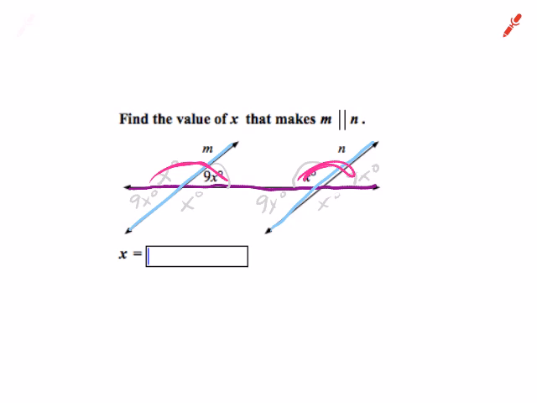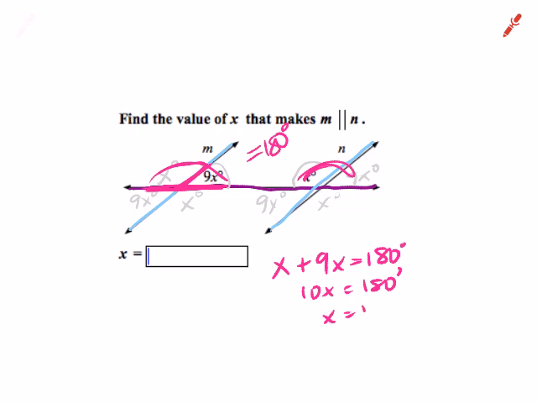So we want to look at the straight line that they're on, and any two angles on a straight line add to 180 degrees. So we can say that x plus 9x equals 180 degrees. So we can combine like terms, so that means we actually have 10x equals 180 degrees. Divide both sides by 10 and you get x equals 18.